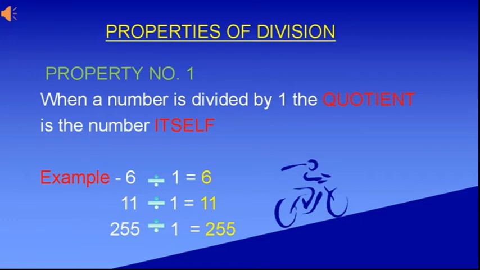For example, 6 divided by 1 equals to 6. 11 divided by 1 equals to 11. 255 divided by 1 will give us 255, and so on.